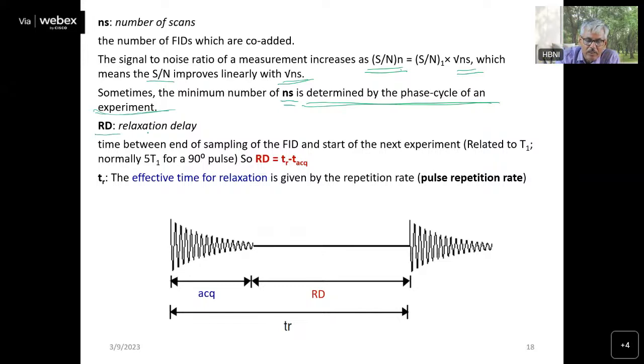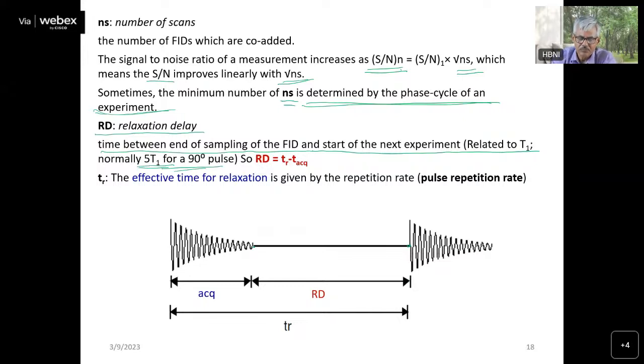And then, as I told you, the relaxation delay: the time between the end of the sampling of the FID and the start of the next experiment. So this is the end of your FID first, and then the start of the next experiment. That is the delay time you have to give, and it is needed for the magnetization to go back to the equilibrium value. Normally, if you use a 90-degree pulse, you have to keep that to 5T1.